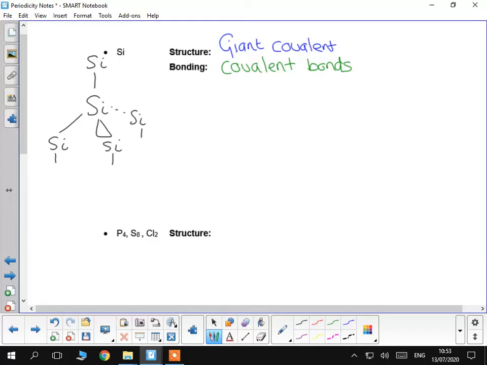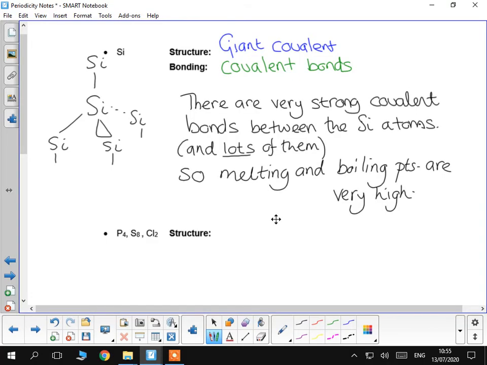So structure is giant covalent, bonding very strong covalent bonds, therefore those are the bonds that need to be broken if you melt it or boil it, so the boiling point is very high. Very strong covalent bonds between the Si atoms, and lots of them, so they require a lot of energy to break, therefore high melting and boiling points.